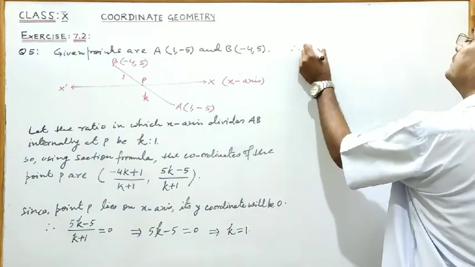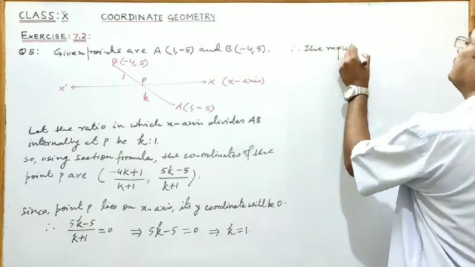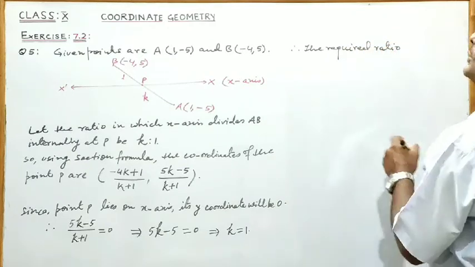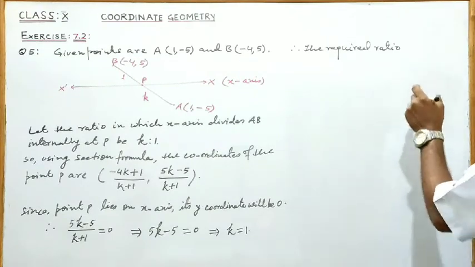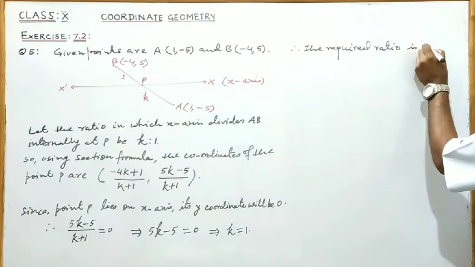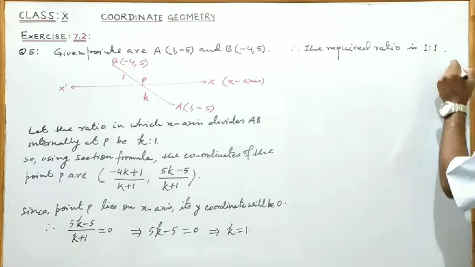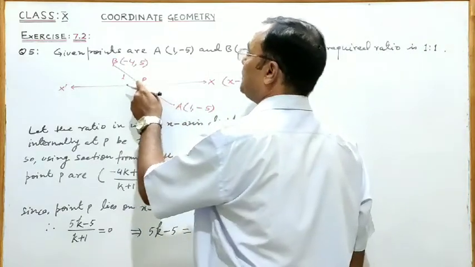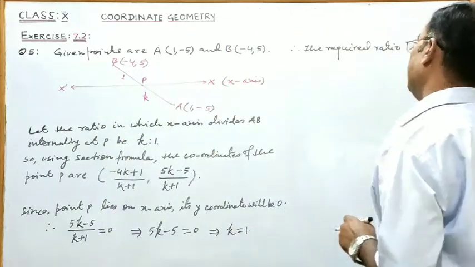Therefore the required ratio in which the x-axis divides AB is 1 is to 1. That means point P is the midpoint of the line segment AB.